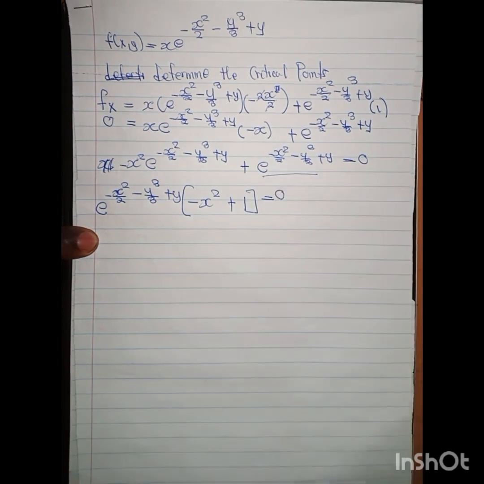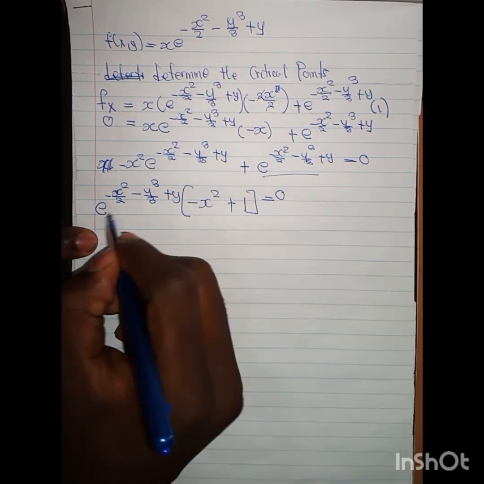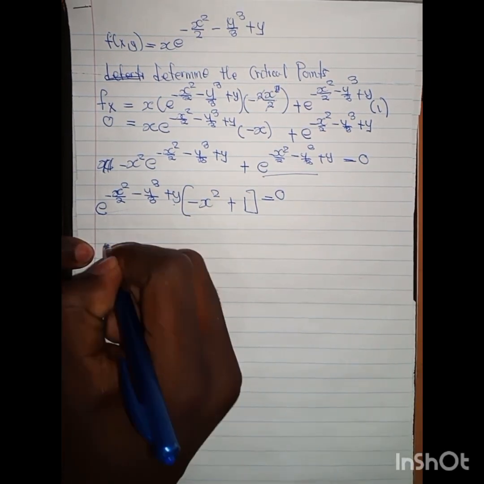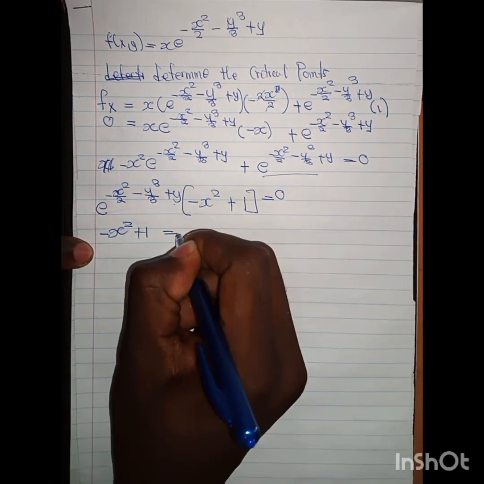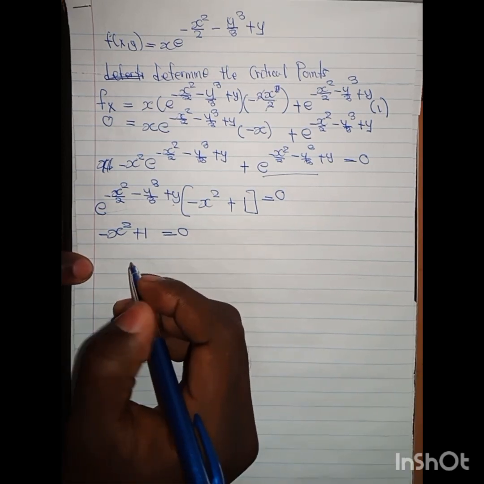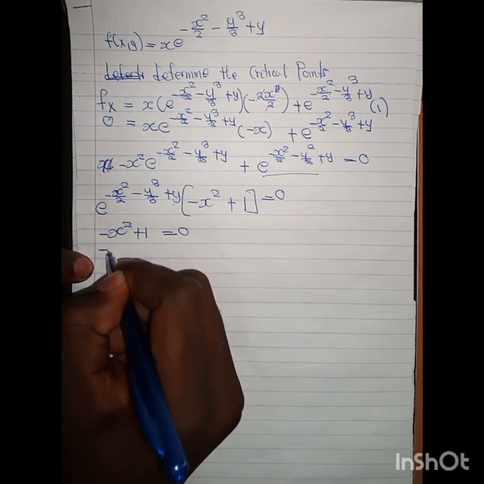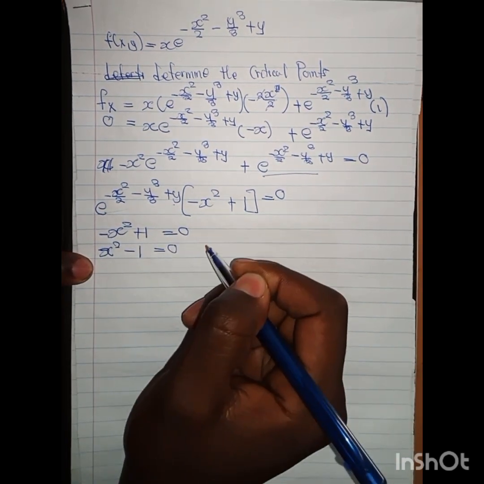Then this is nothing but a 0. We want to find the critical points for f sub x, and then we can divide by this part both sides. Then on the left we'll have minus x squared plus 1 equated to 0. And then this can be rearranged in this form or divide throughout by negative. So it means we'll have x squared minus 1 equal to 0.